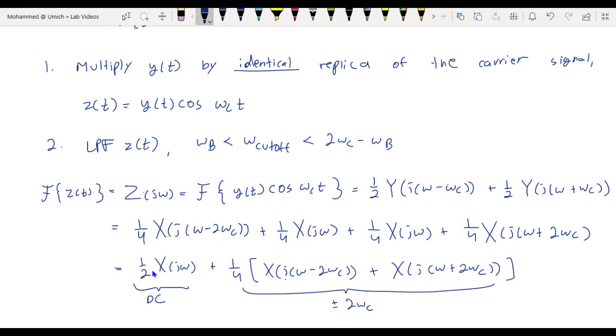So by passing z(t) through a low-pass filter, we can remove the spectra centered at plus or minus 2 omega_c without affecting the original signal x(t). And by doing this, except for a scaling factor of 1/2, the final output of our double sideband demodulator would be the original signal x(t).